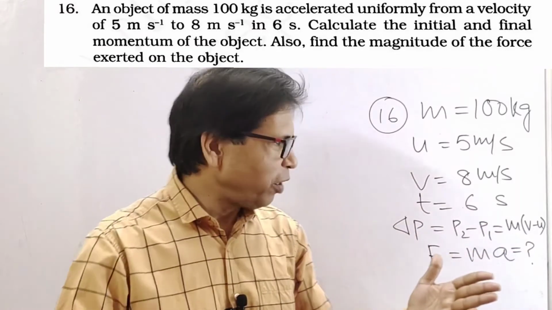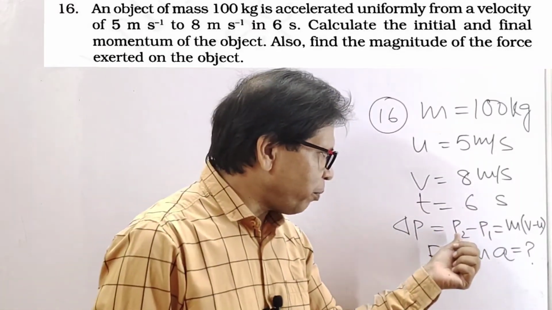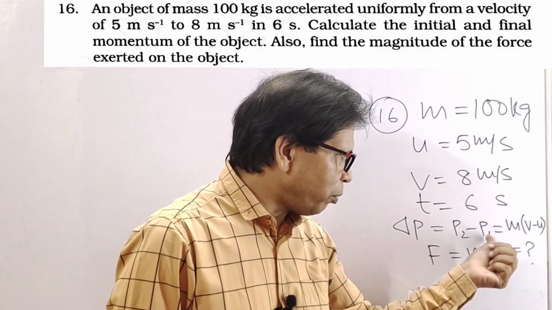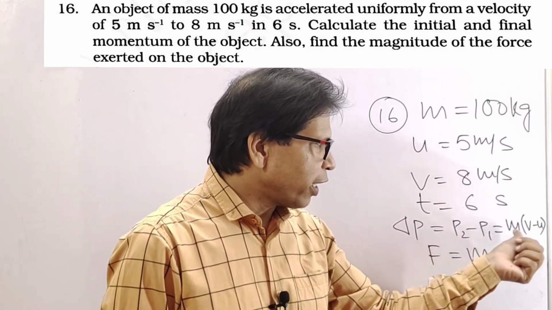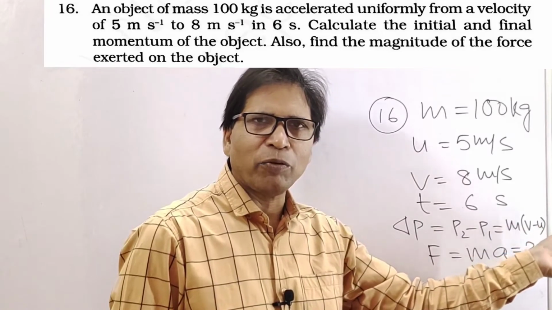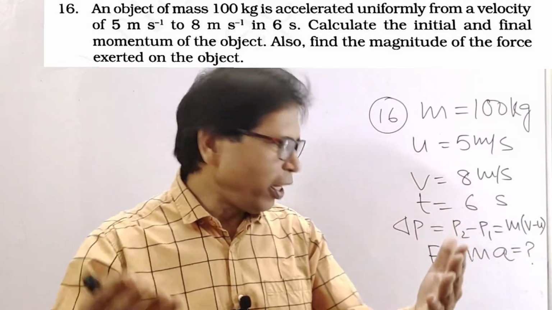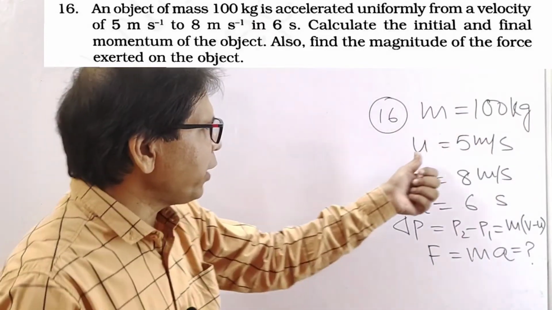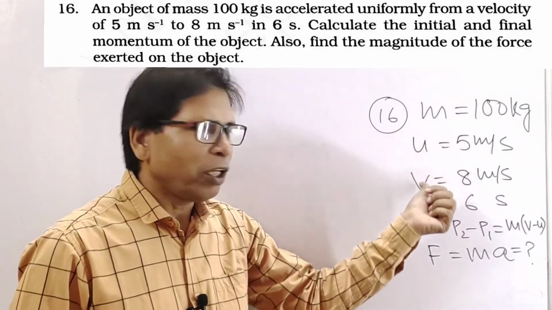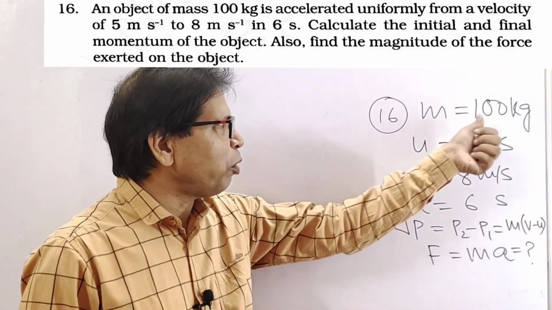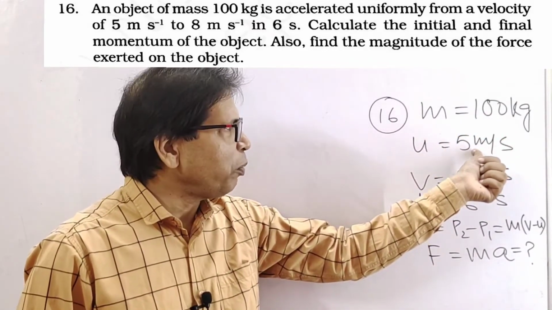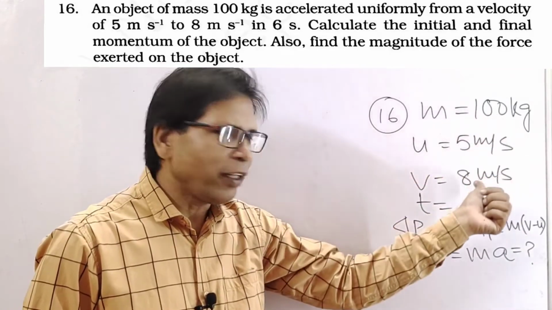We have to calculate the change of momentum, that is final momentum P2 minus initial momentum P1, equal to m into v minus u, and we have to calculate the force acting on this body. Now look at this, here u is given, v is given. So look at this, initial momentum is mass into velocity, final momentum is mass into final velocity.